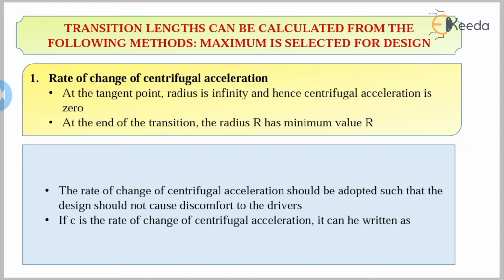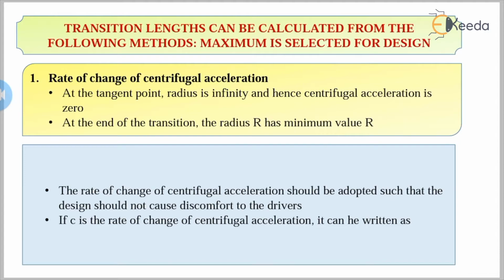At the end of the transition, the radius is R, which is the minimum value of the radius.